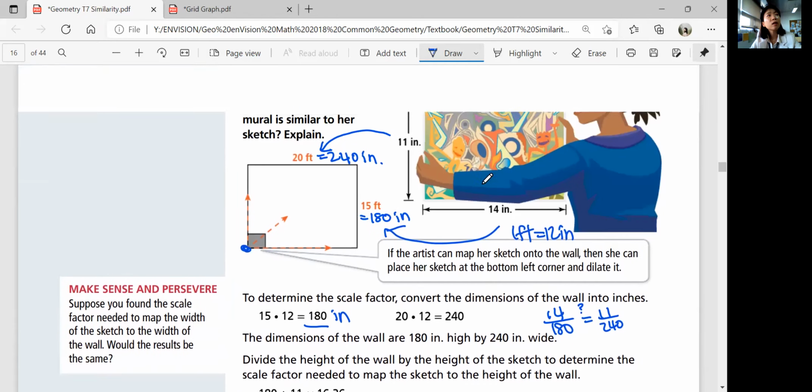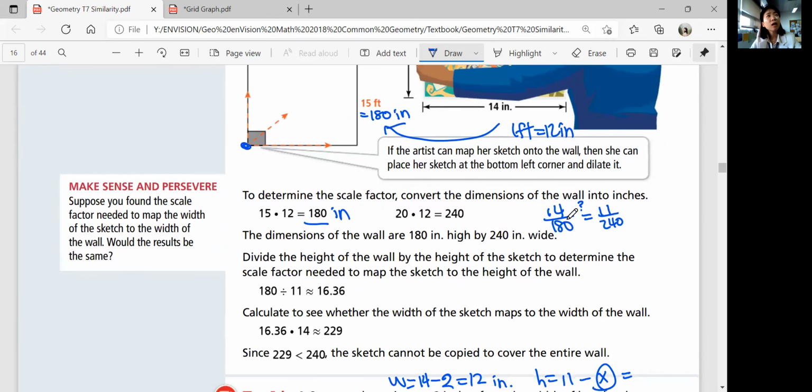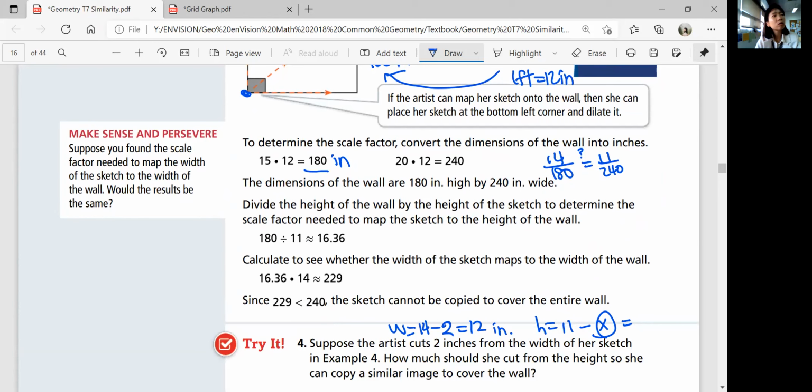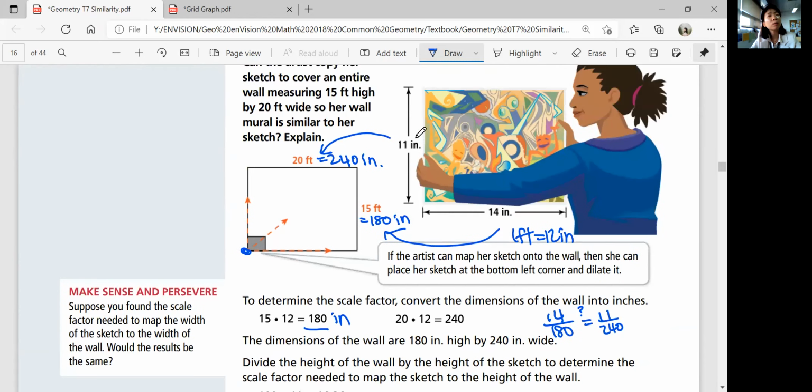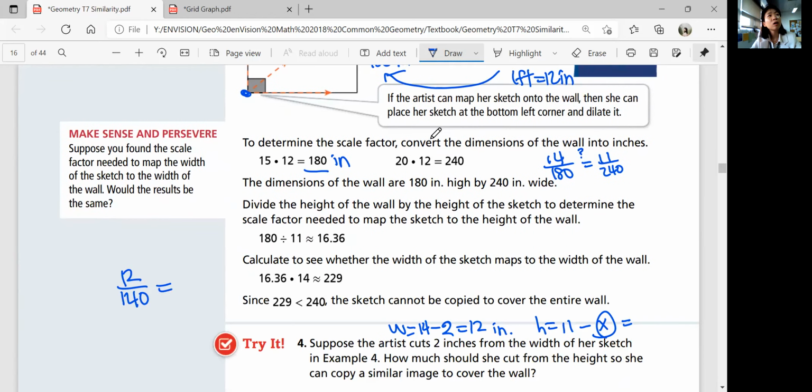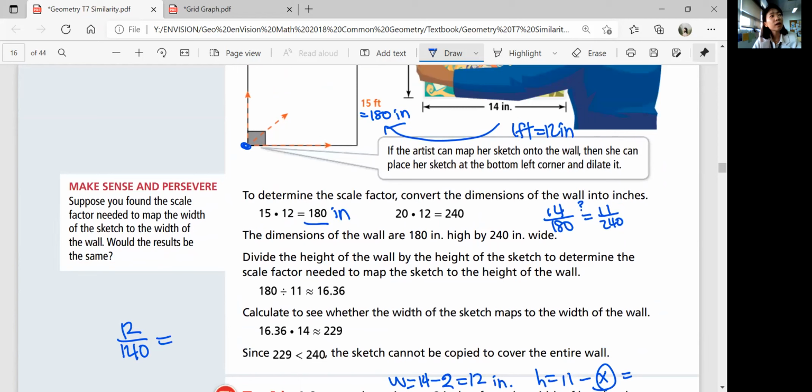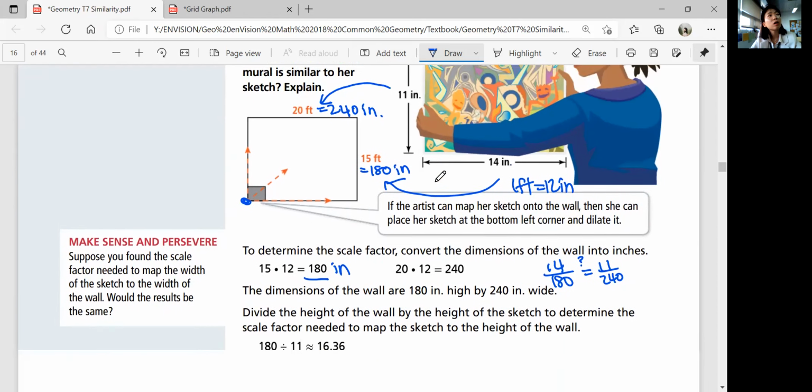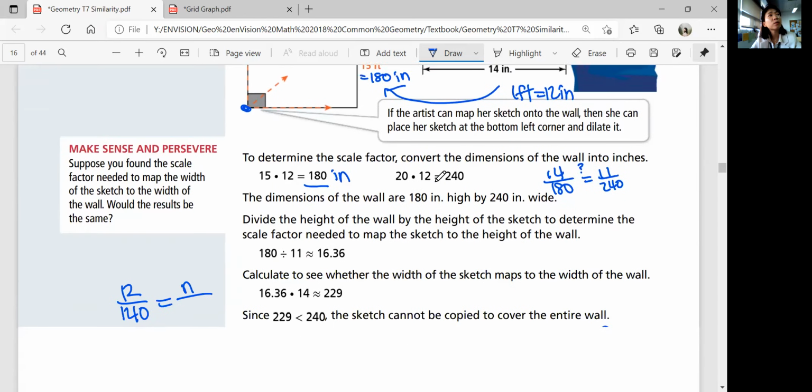So the width has to be proportional. 12 has to be proportional to 180. Why did I write 140? It's 180. Okay, 180 and then 240. And in order to be proportional to the height as well, you're finding a number that's proportional to 240 inches.